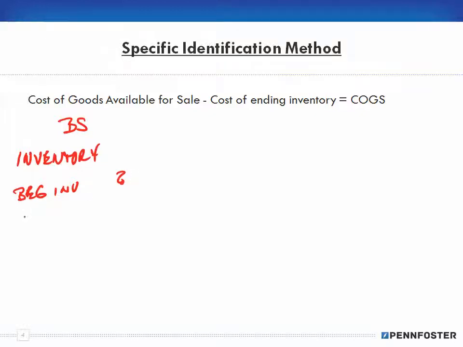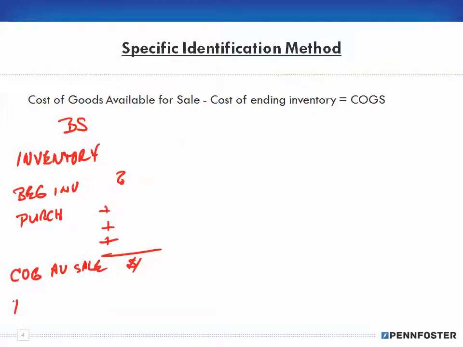And then, of course, you added your purchases. However many times you purchase, they would get added, okay? And that would give you a cost of goods available for sale, right? That would give you that dollar amount, your cost of goods available for sale.